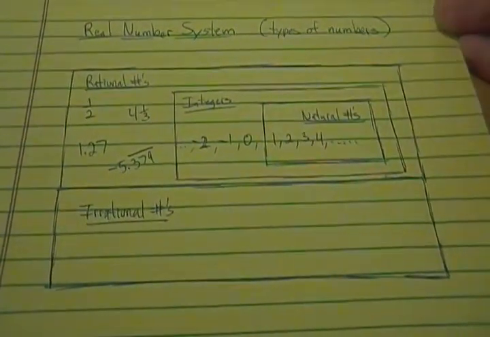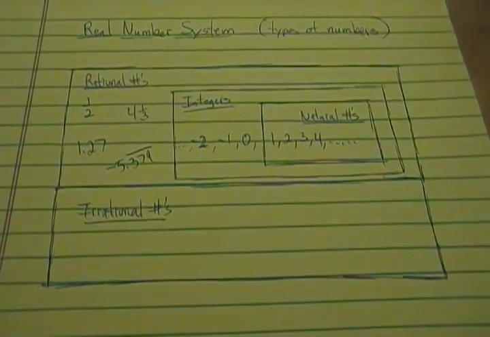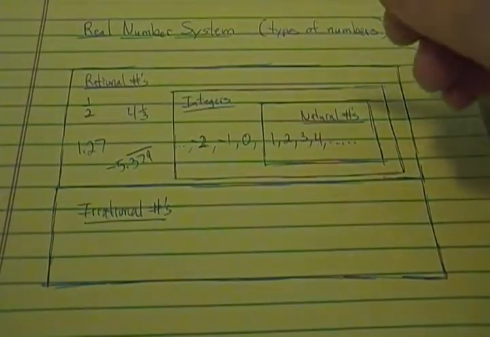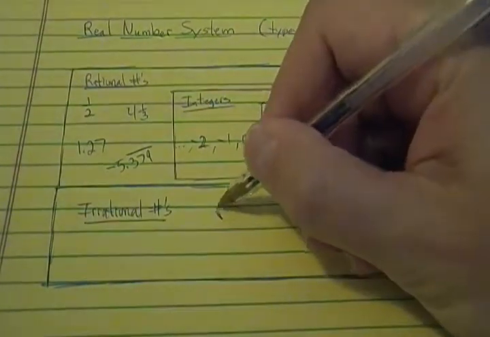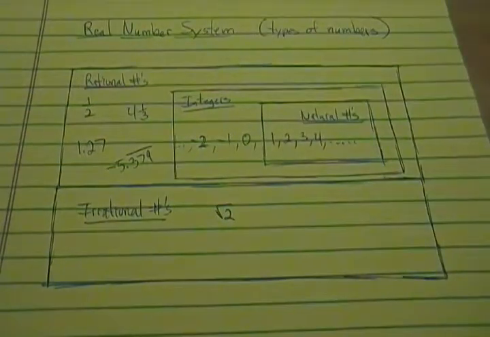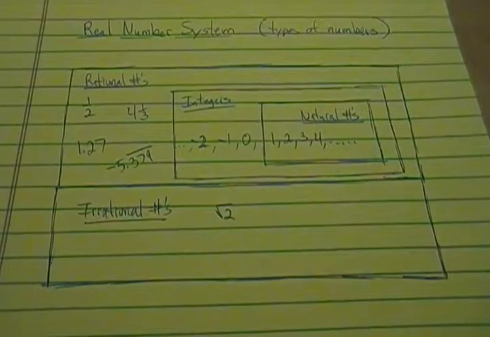So irrational numbers are, like I said, numbers that can't be written as a fraction. Basically, they're decimal numbers where the decimal just keeps on going forever, it never stops, it never repeats itself in any kind of pattern. That's what we call an irrational number. You see irrational numbers a lot with square roots. A number like the square root of 2, that's an irrational number. If you put that into a calculator, it gives you a long string of decimals, maybe 10 decimal places or something like that, but that's not the whole thing.